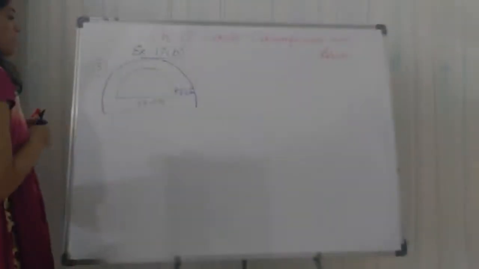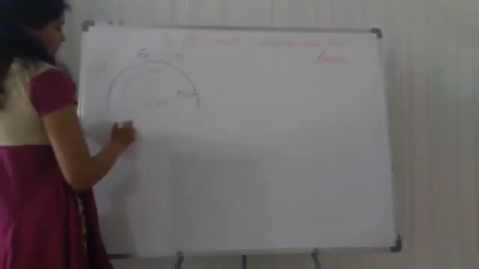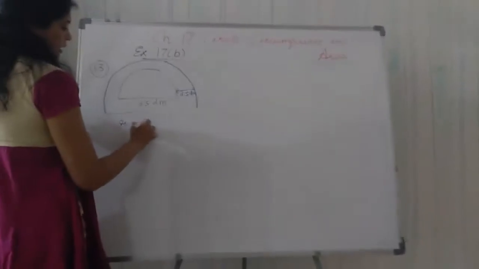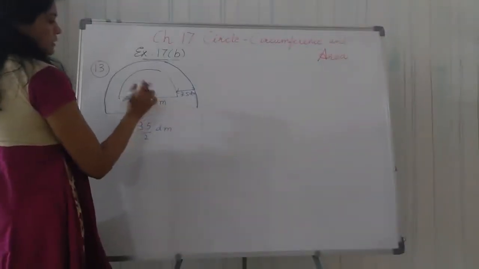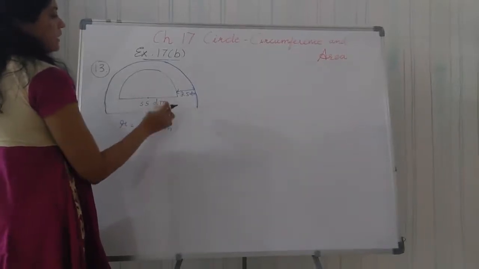Now the question is to find the area of the flower bed in dm square. So now students, to get this area of the flower bed, first of all we have to calculate the radius of the inner semicircle, that is radius is equal to 35 by 2 dm. Right, this is the diameter given, so this is the radius, this much part.